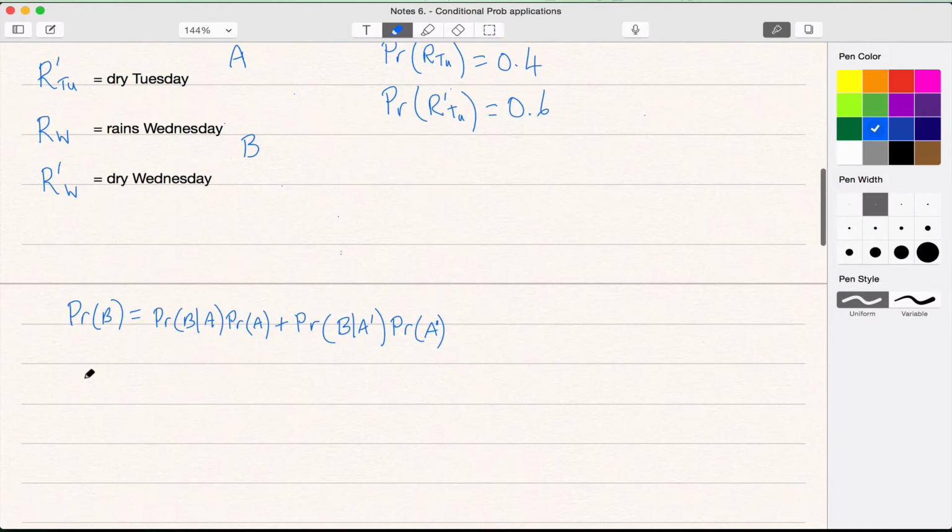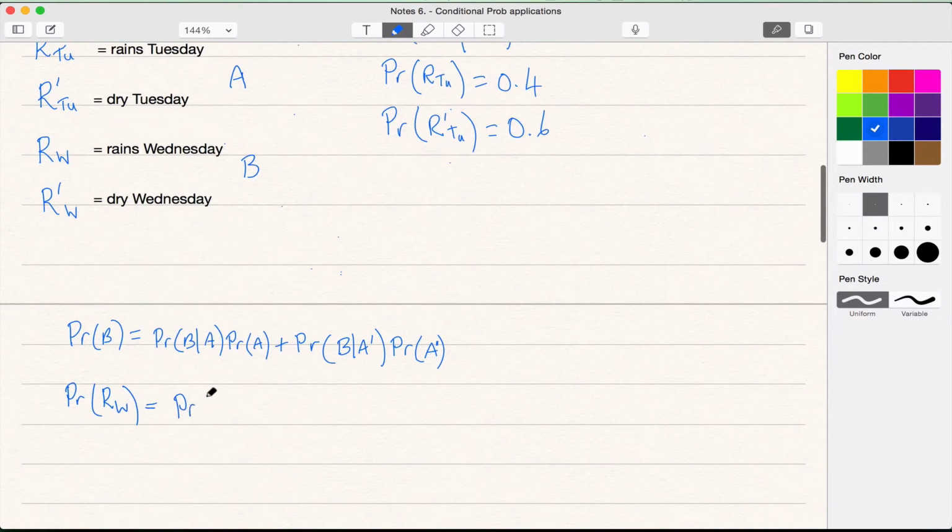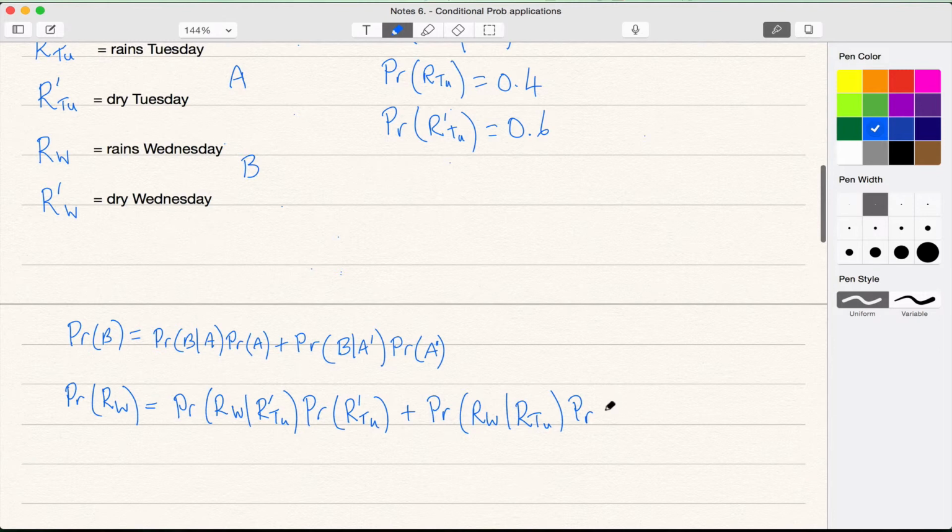So we can say the probability that it rains on Wednesday, which is what we're looking for here, handy, equals the probability that it rains on Wednesday given it doesn't rain on Tuesday, times the probability it doesn't rain on Tuesday, plus the probability it rains on Wednesday given it rains on Tuesday, times the probability it rains on Tuesday.